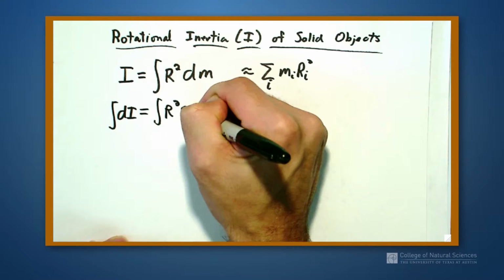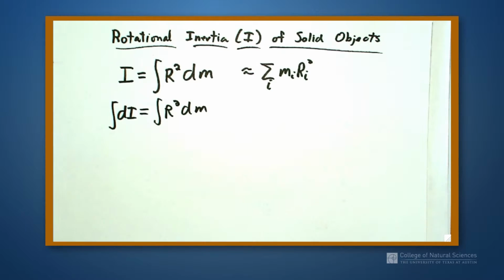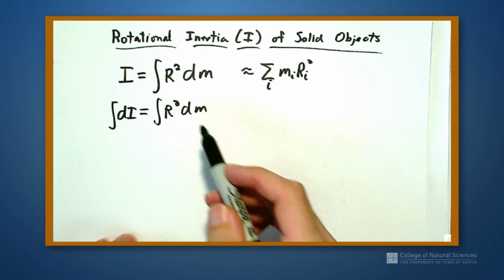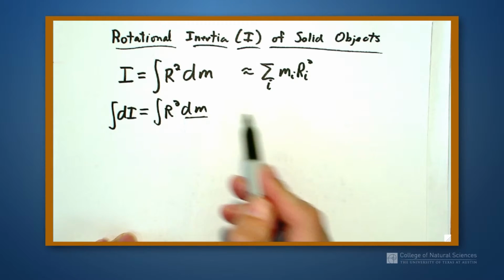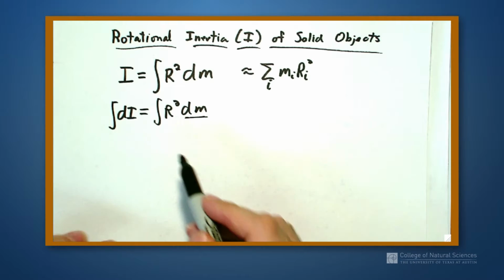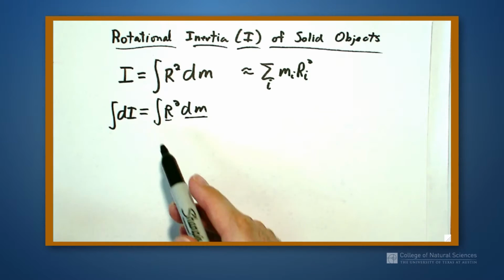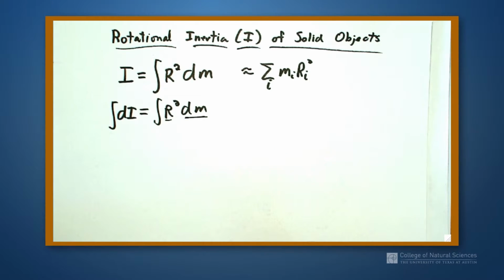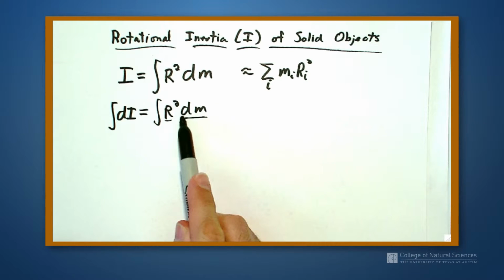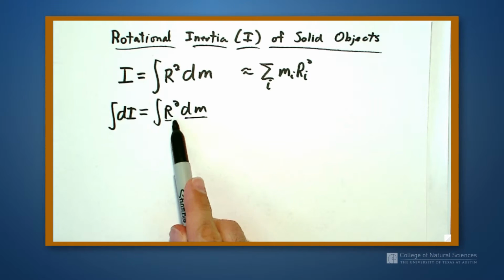Well, there's one problem with this. Conceptually, this is easy. The hard part is figuring out what dm is. We have a radius squared, so in order to complete this integral, we have to somehow relate how the mass changes at different radii.